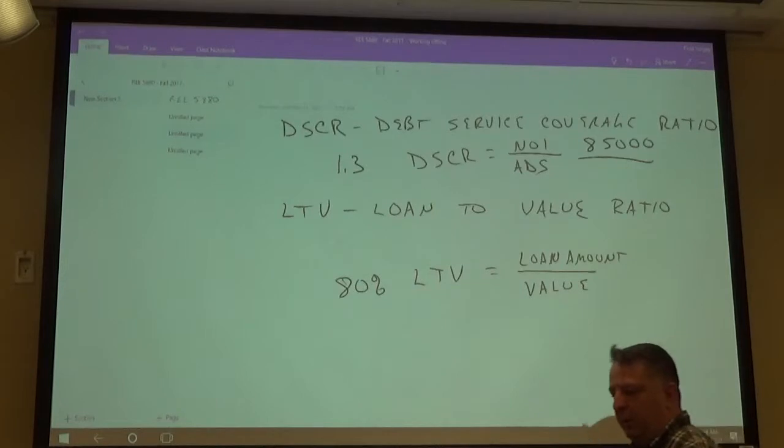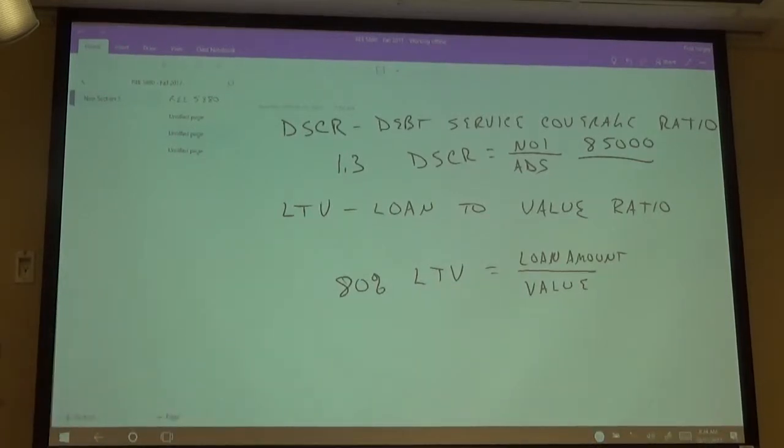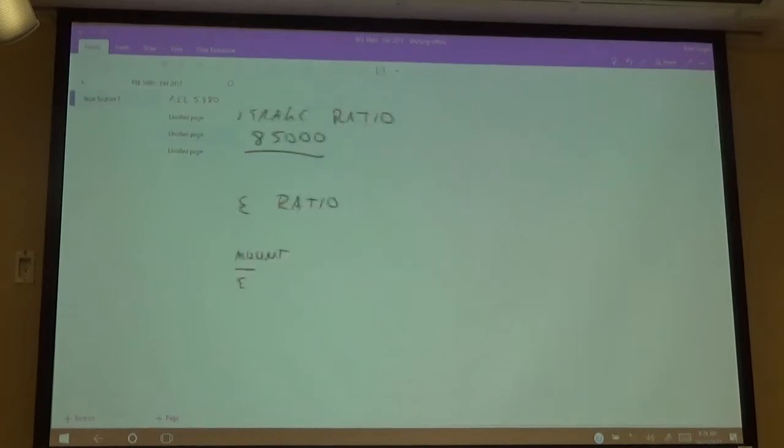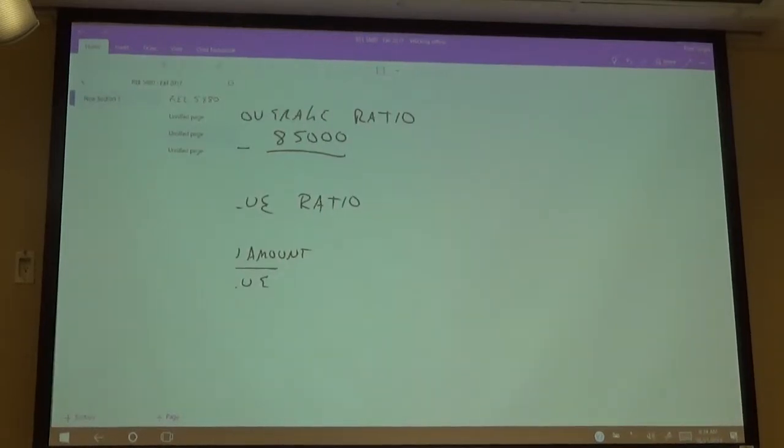Doing that math, 85,000 divided by 1.3 is going to give us a maximum annual debt service of $65,384.62 rounded.